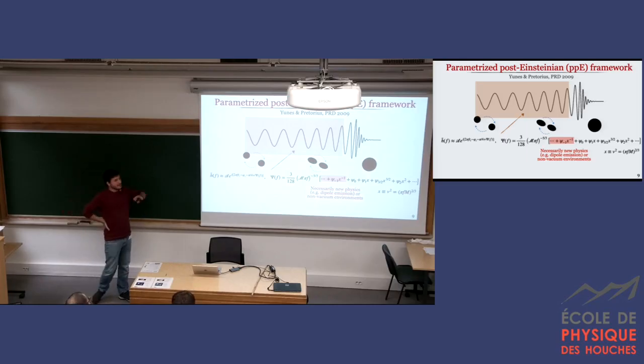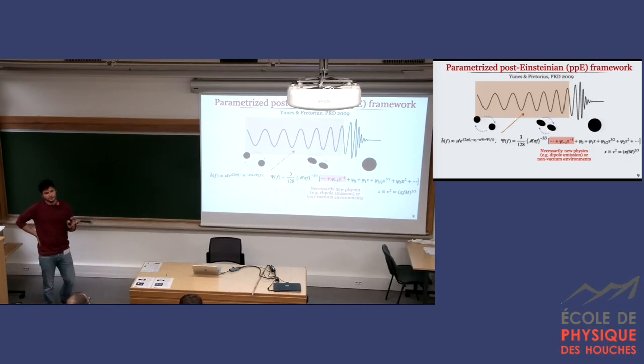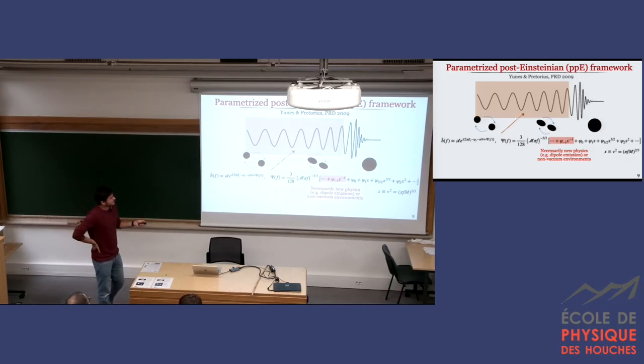I find these terms quite interesting, because if you ever detect something like that, it means that necessarily there's some new physics beyond at least vacuum GR, because in GR everything starts at psi 0, and then you have higher order terms. So these terms, which are more important in the early inspiral, like I was saying, necessarily imply some new physics.